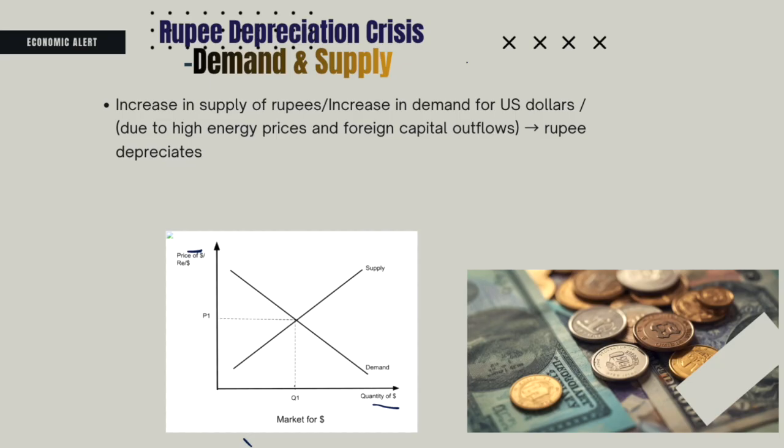Let us now look at how the market forces of demand and supply determine the price of dollars or rupees. This is a graph showing the market for dollars. On the y-axis we have the price of dollars in terms of rupees per dollar, and we have the quantity of dollars on the x-axis.